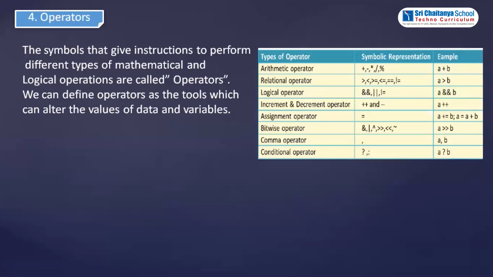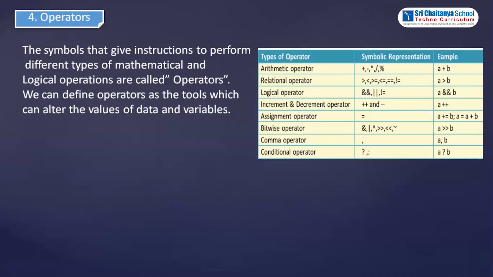Then we have the bitwise operator, which is used to do the operations bitwise. And then we have the comma operator, and finally we have the conditional operator. With the conditional operator, I'll be able to specify the true condition and the false condition.